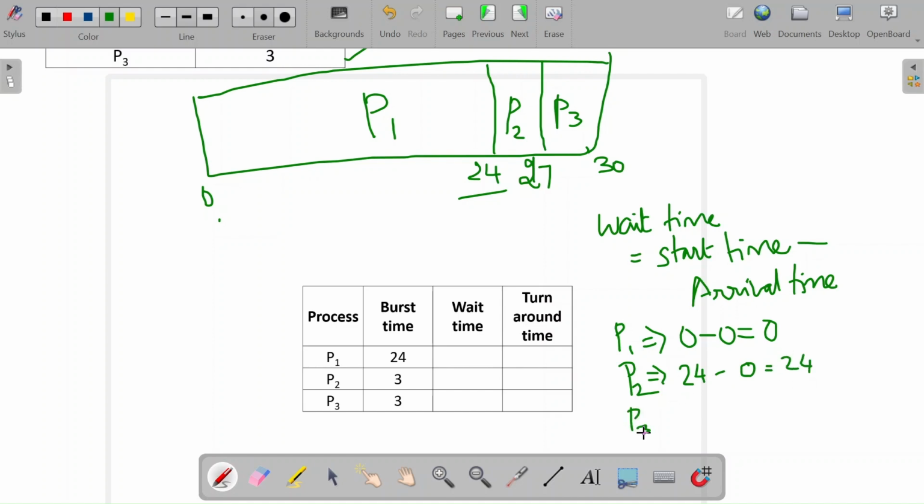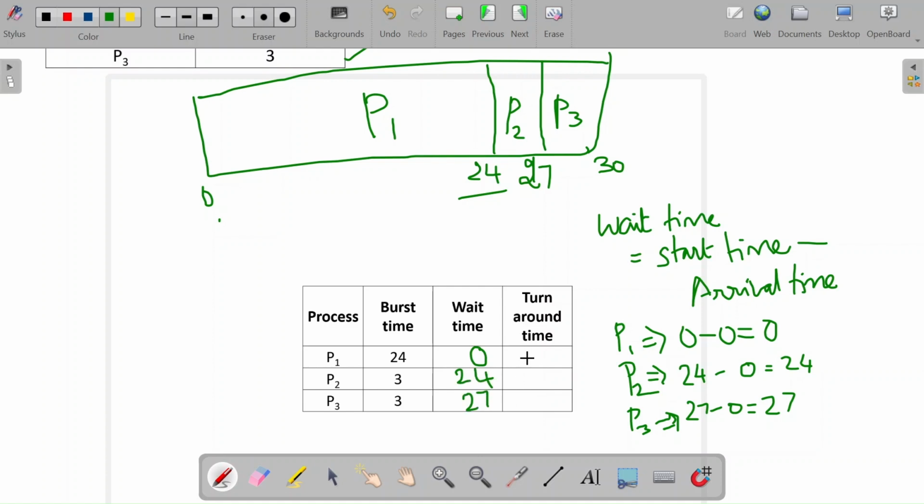For P3, similarly, P3 starts execution at 27 milliseconds, so 27 minus 0 is 27. So when you record the wait time, for P1 it is 0, for P2 it is 24, and for P3 it is 27.